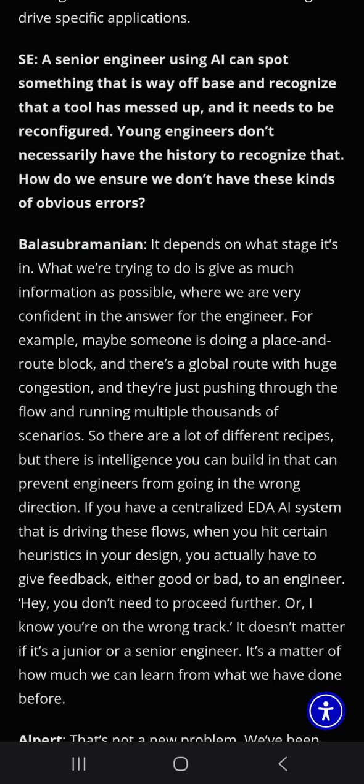So there are a lot of different recipes, but there is intelligence you can build in that can prevent engineers from going in a wrong direction.